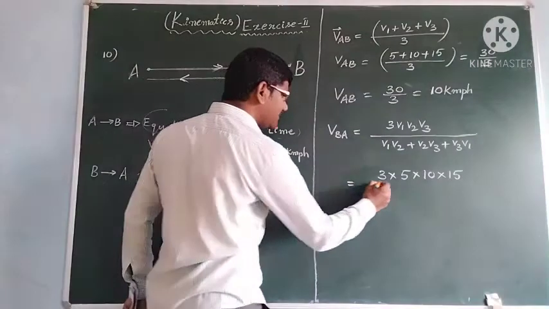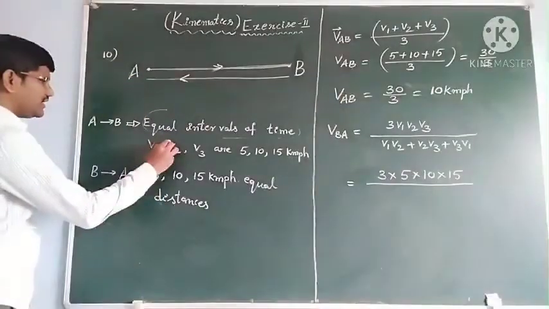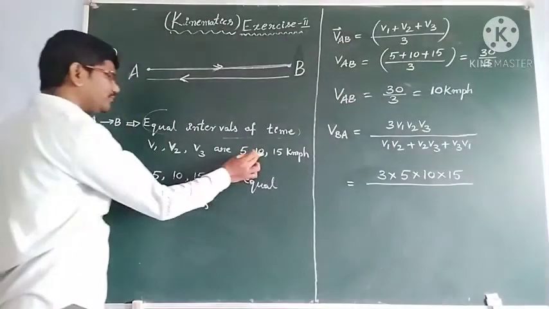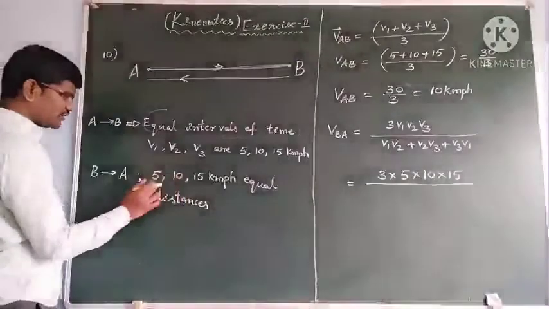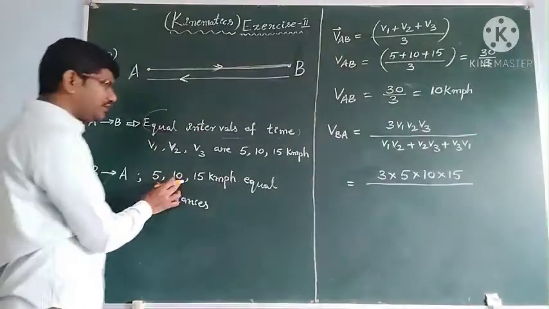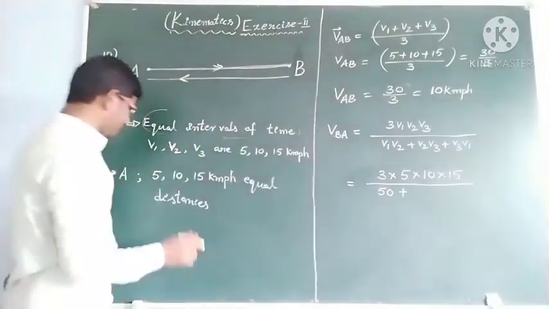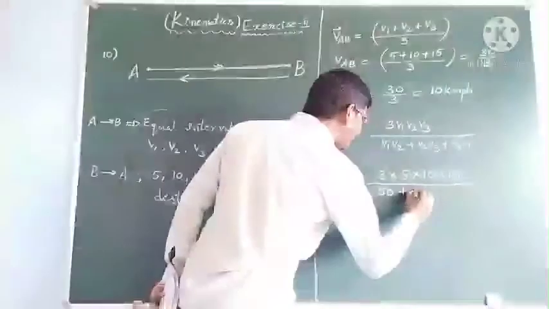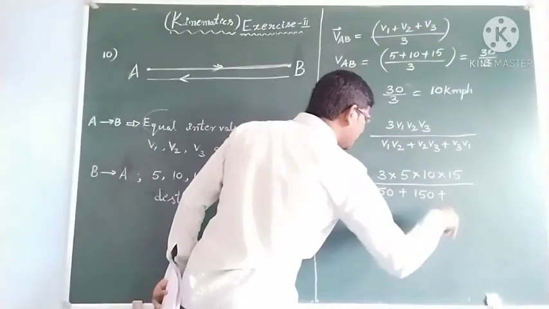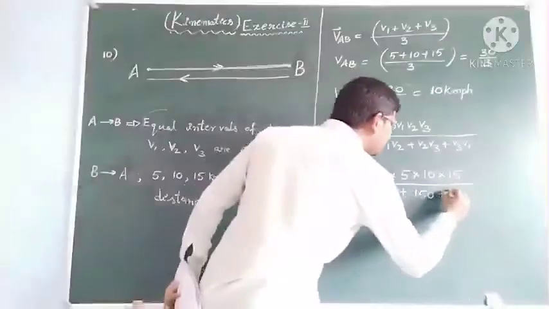Okay students, the denominator is V1 into V2 plus V2 into V3 plus V3 into V1, with the same values 5, 10, 15. V1 into V2, 5 into 10 is 50, plus V2 into V3, 10 into 15 is 150, plus V3 into V1, 15 into 5 is 75.